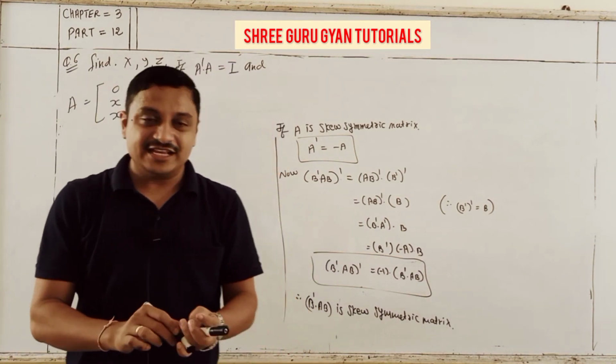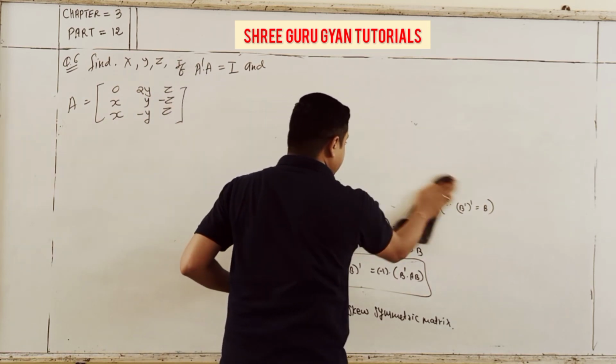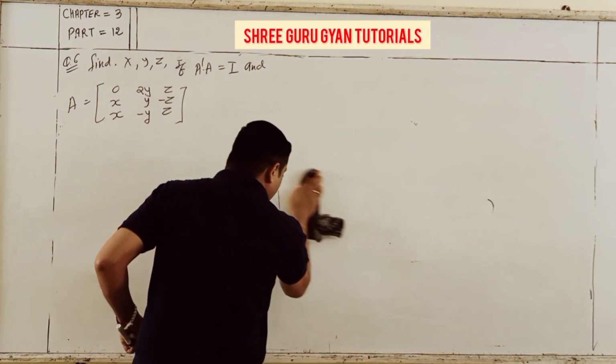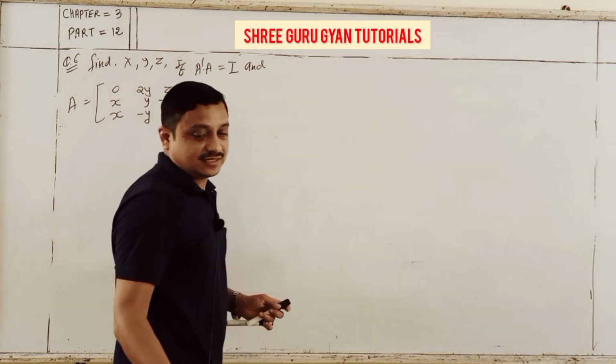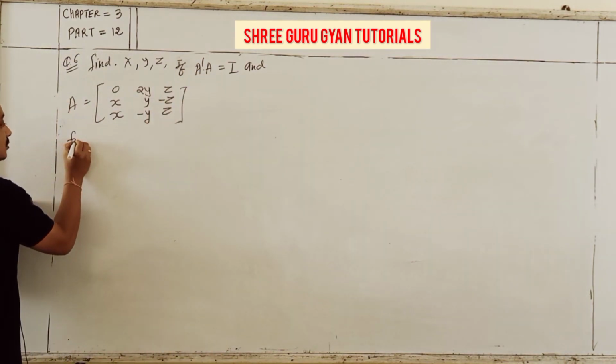Very easily I just apply the value of A dash into A equal to I, forming matrix multiplication.